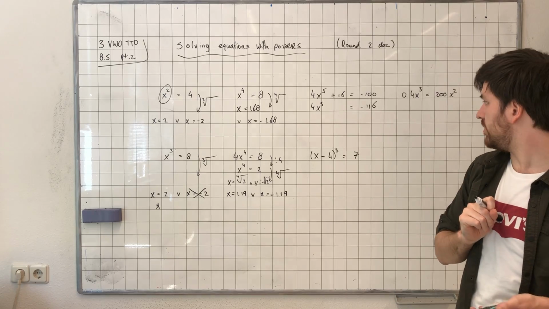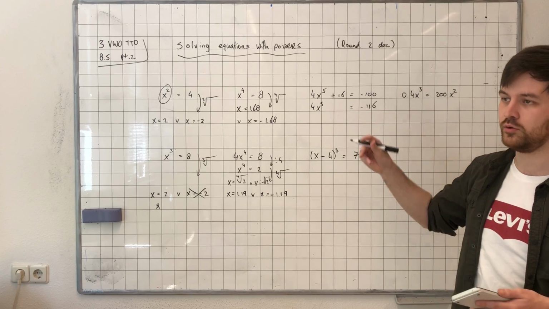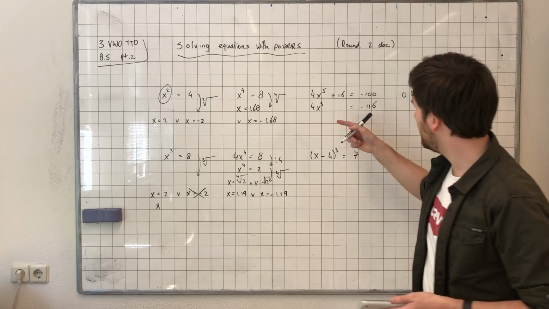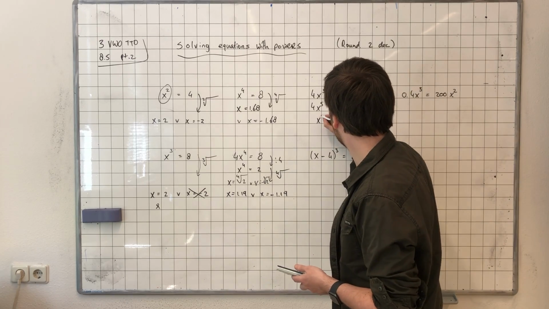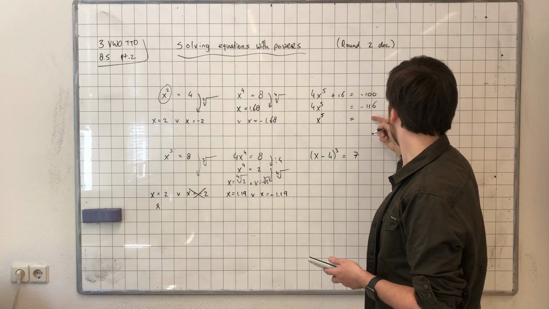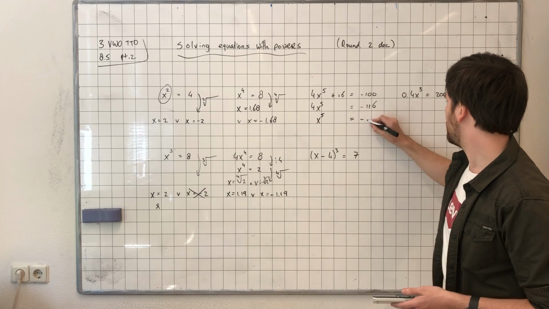And then some of you might say, okay, this is negative, so no answer. Hold on. First, I'm going to divide both sides by 4, which gives me x to the power of 5 is equal to minus 29.